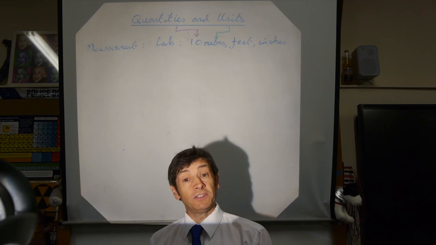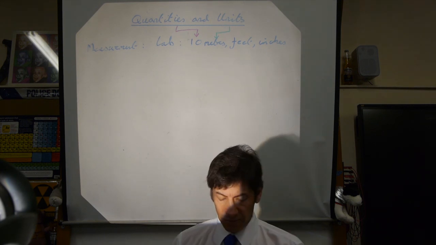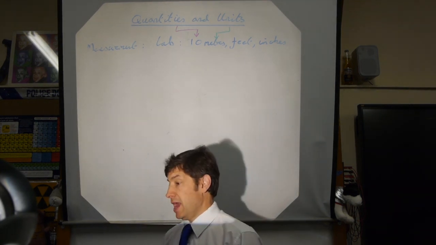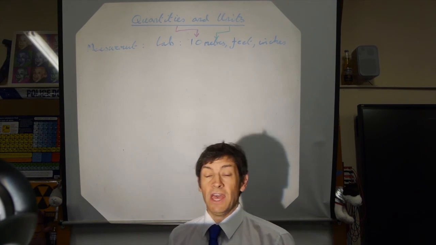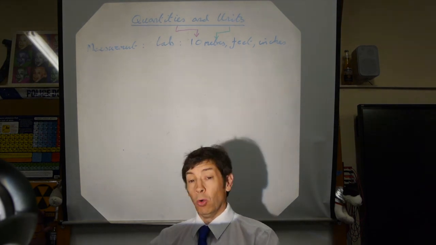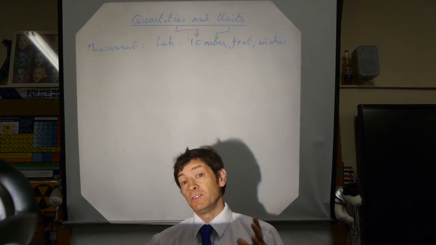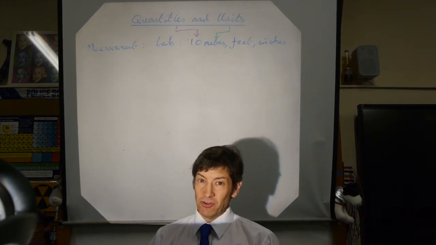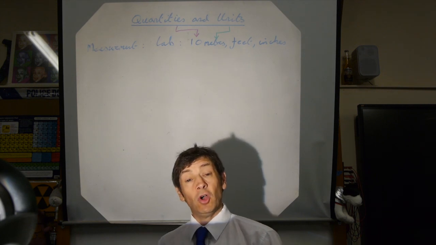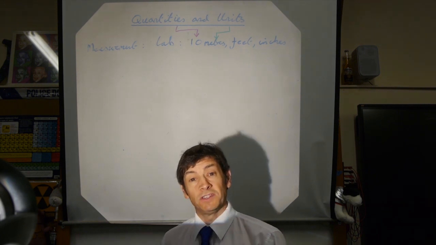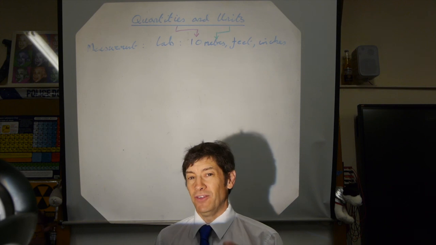Now, quantities don't have to have units. I can think of efficiency, which is just quoted as an amount up to 1, so 0.8 efficient, or as a percentage, because those are ratios. The crucial thing there is that you've got an example of a quantity that doesn't have units.